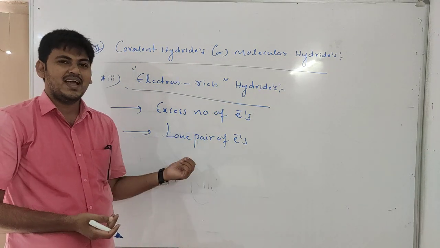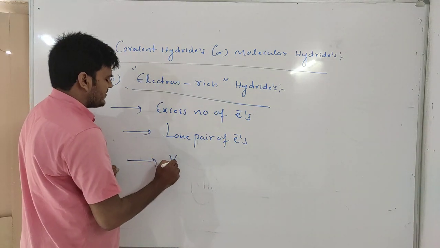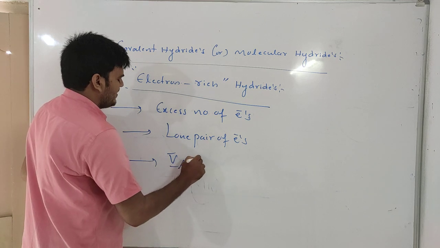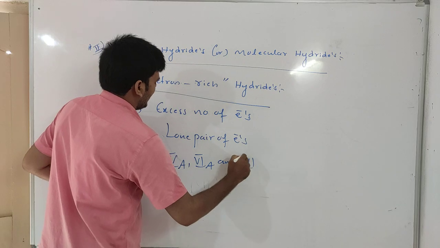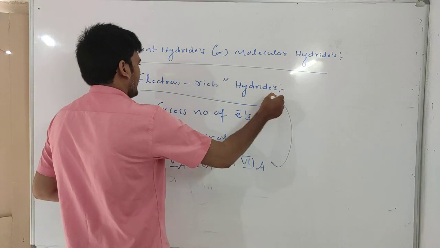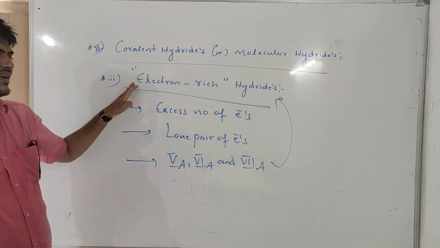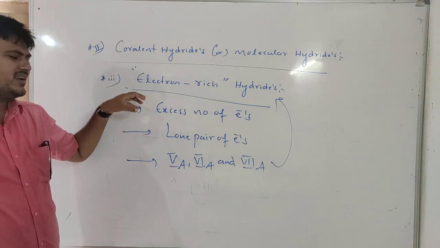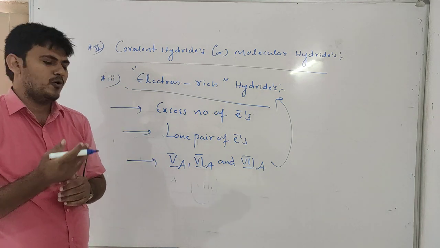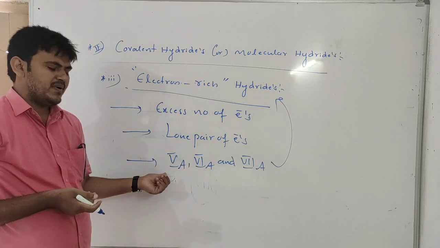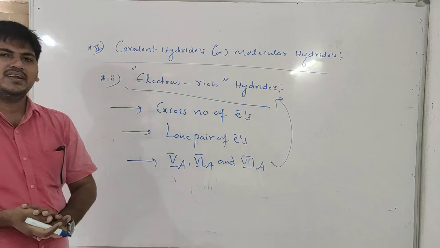Most of the fifth A group elements, sixth A group elements, and seventh A group elements form electron rich hydrides.